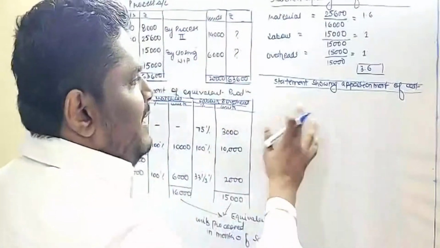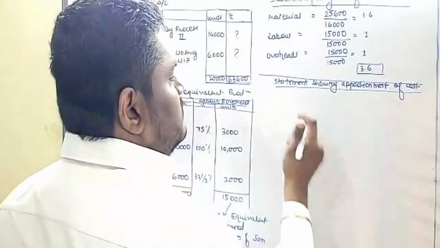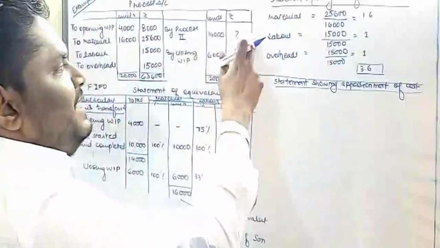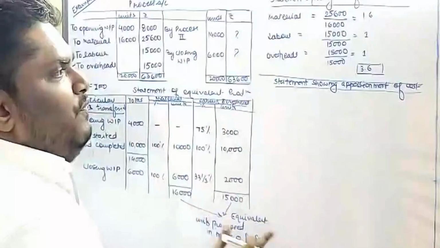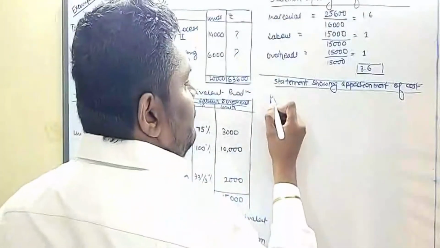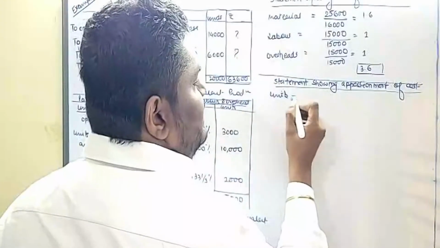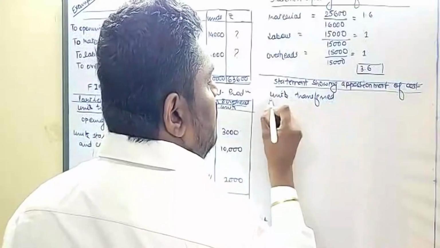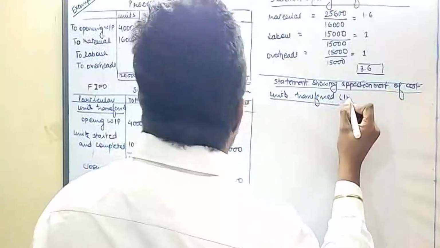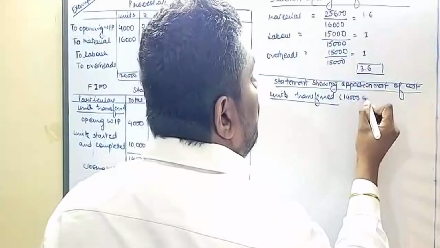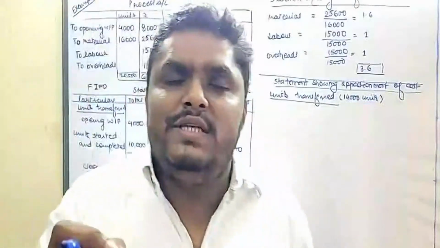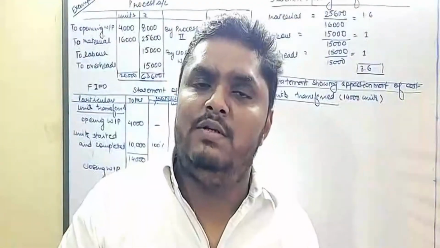Now, statement showing apportionment of cost. So we have to calculate the cost of units that are transferred and the value of work in progress. So let's start. Let's talk about units transferred first. Now these 14,000 units are transferred to the next process.